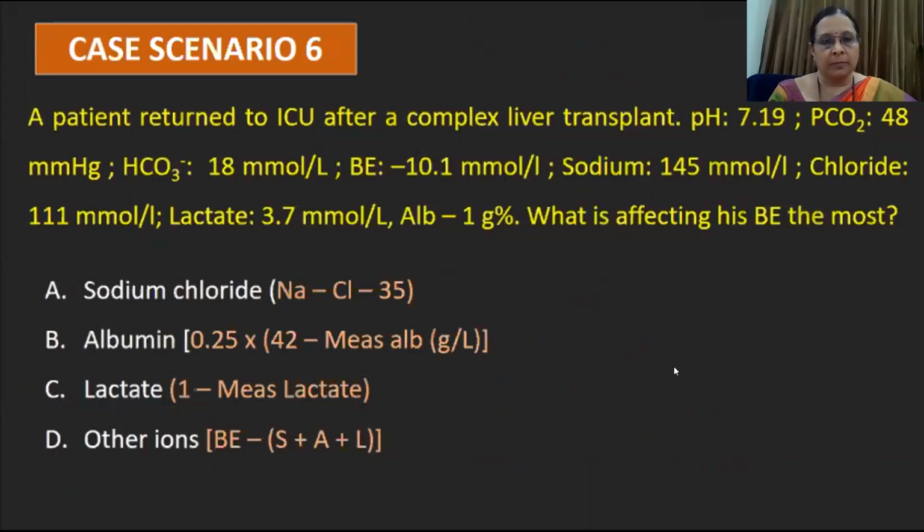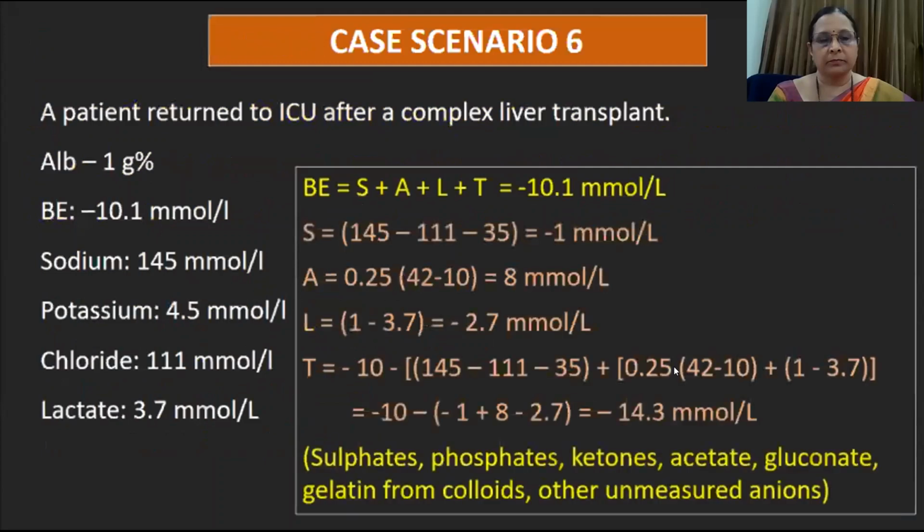Yes, ma'am. So in this, our base excess is minus 10. S will be equal to 145 minus chloride, which is 111, minus 35. So this will be equal to minus 1.